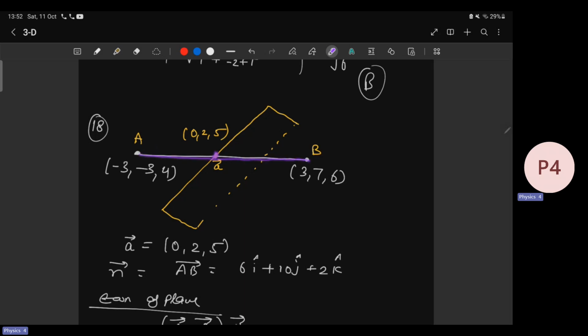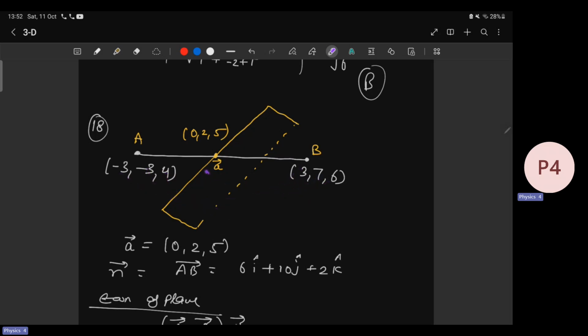So now we can easily find the a vector as (-3 plus 3) by 2, which is 0. The coordinates of the midpoint can be easily found: (-3 plus 7) by 2, that is 2, and (4 plus 6) by 2, that is 5.